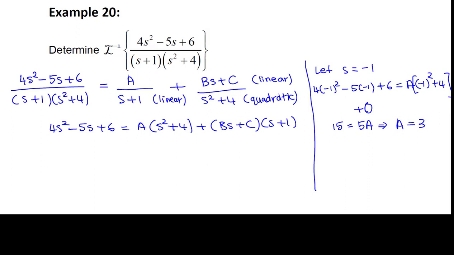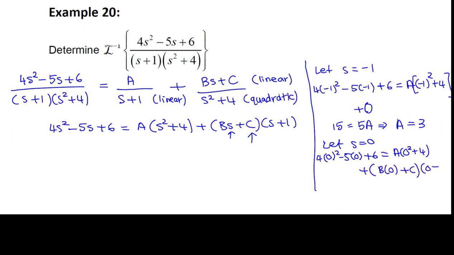Now we want to get b or c. Let us get c first. What we can do is let s equal to 0, so we can cancel b. So 4(0)² − 5(0) + 6 equals a(0 + 4) plus (0 + c)(0 + 1).